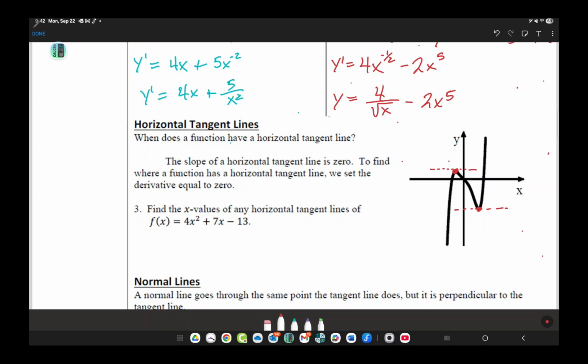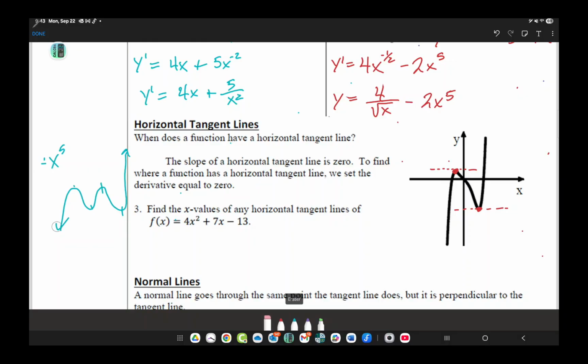I know what the turn should look like. I don't need to know their exact values, but if I'm given x to the fifth, my graph should look something like that. How many max turning points do I have? 1, 2, 3, 4. It's going up to the right because it's got a positive leading coefficient, down to the left because there's a negative leading coefficient.